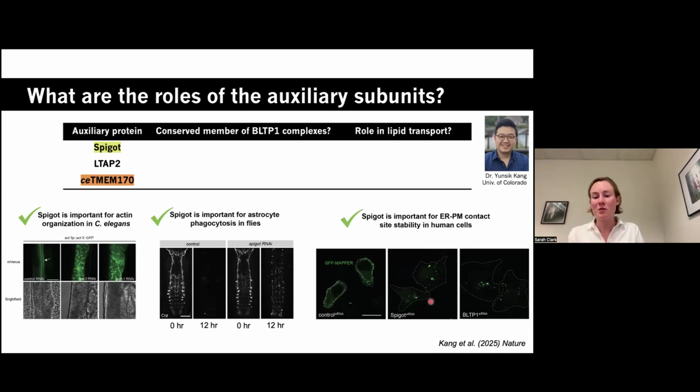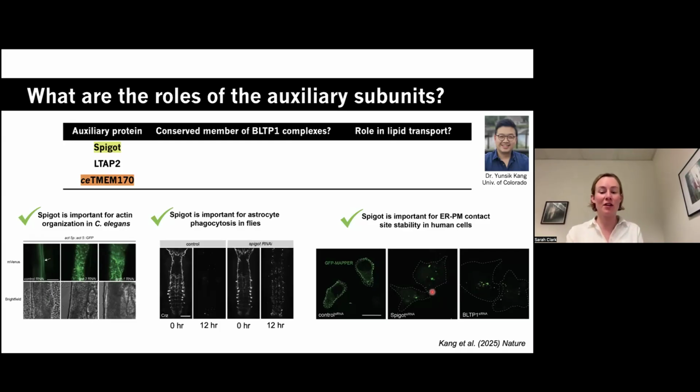But when you knock down spigot or knock down BLTP1, we saw a collapse of those ER-PM contact sites, and the cells were very sick. Most of them actually died. But in the surviving cells, we did not observe any more ER-PM contact sites, indicating that perhaps spigot is important for stability of ER-PM contact sites.